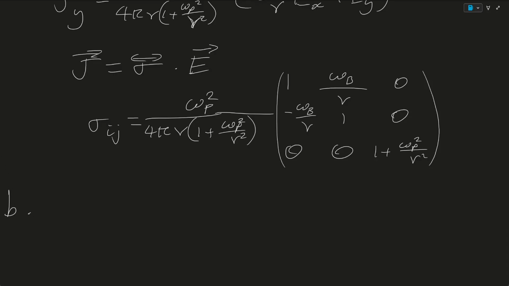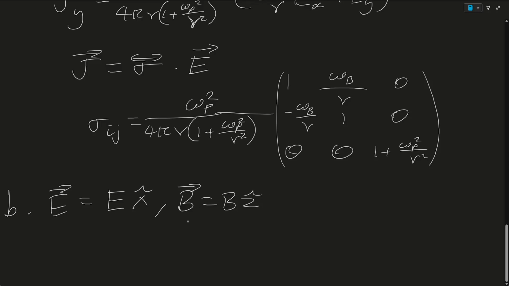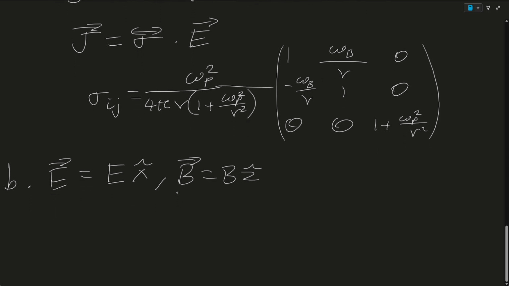So we can write our field E as E times x hat, and B is B z hat, and J of 0 is 0.